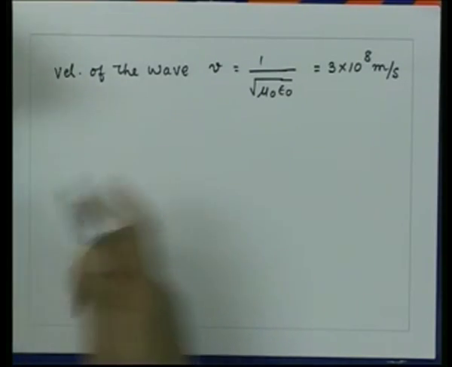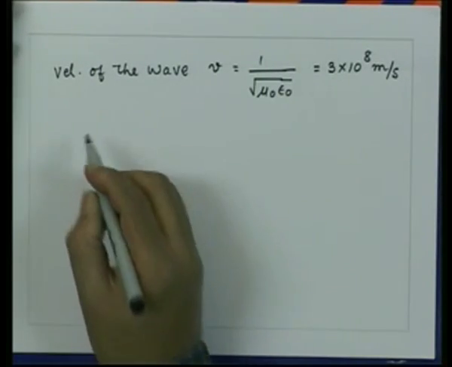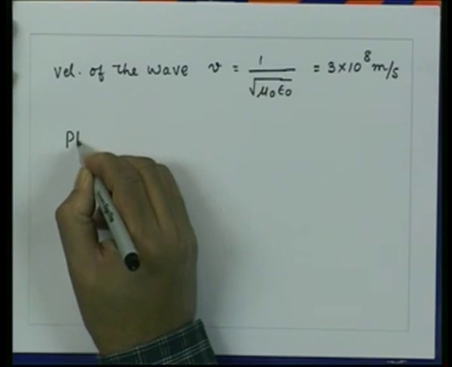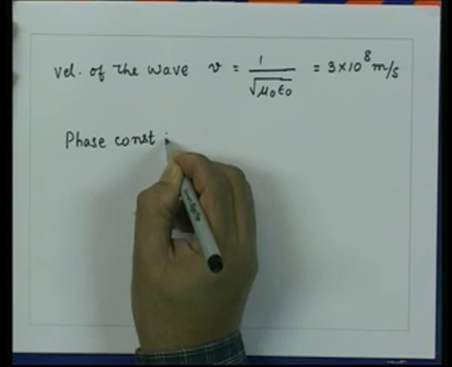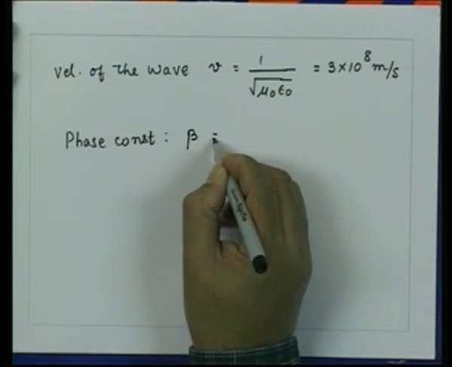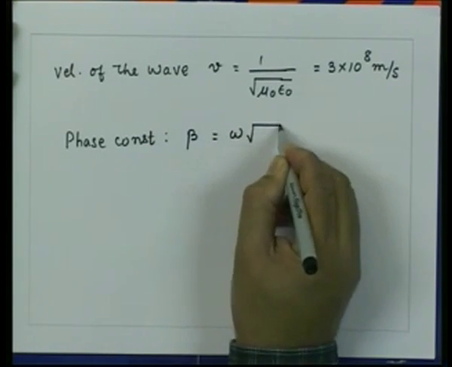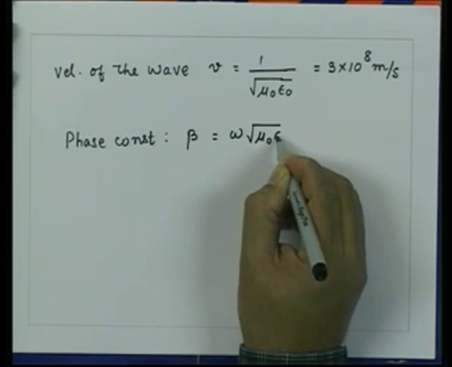The phase constant of the wave, as we know, is beta, that is equal to omega square root mu 0 epsilon 0.